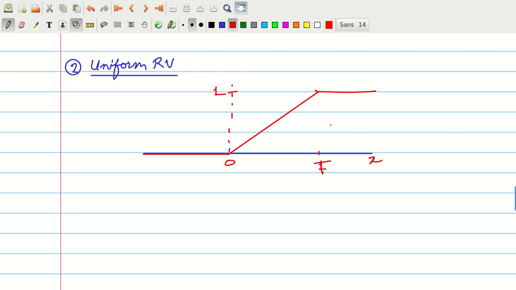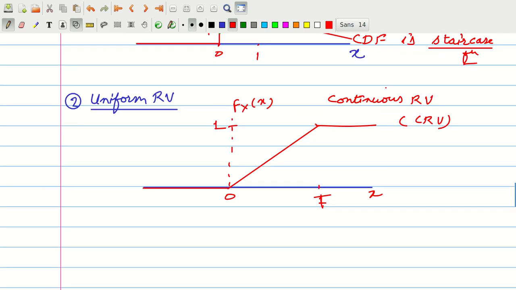As you can see, there is no discontinuity, there is no jump here. This CDF is that of a continuous random variable, in short a CRV. There is no discontinuity here.